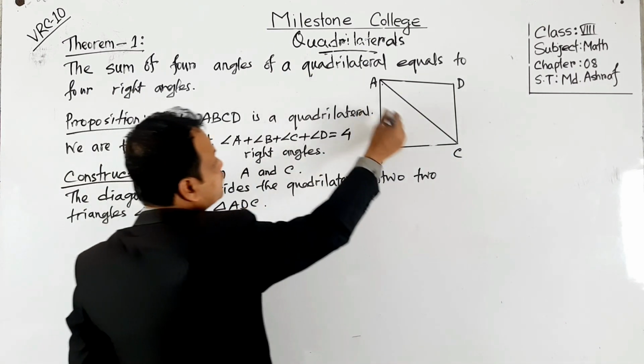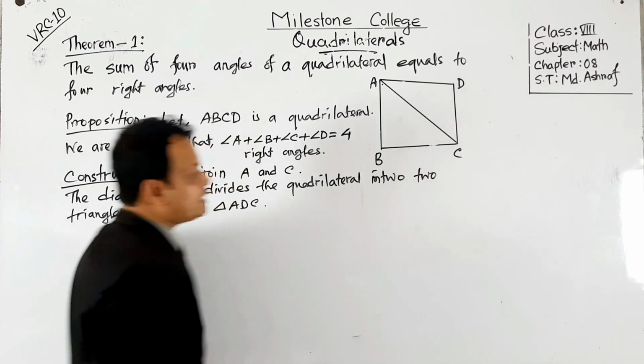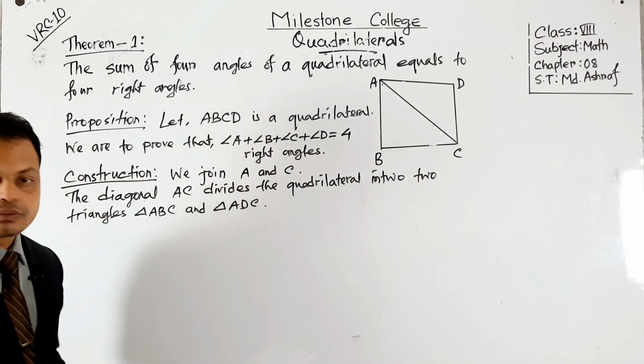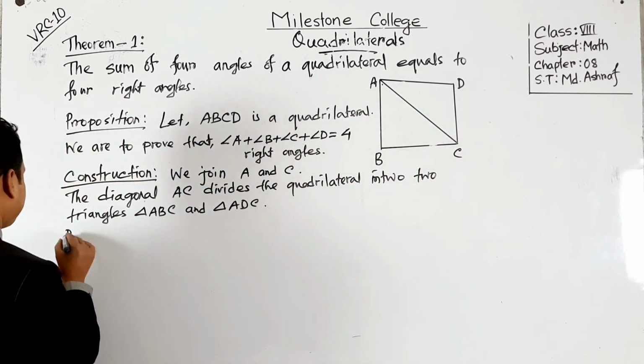So we have got two triangles, one is ABC and another one is ADC. So this is the construction part. Now we'll do the proof.